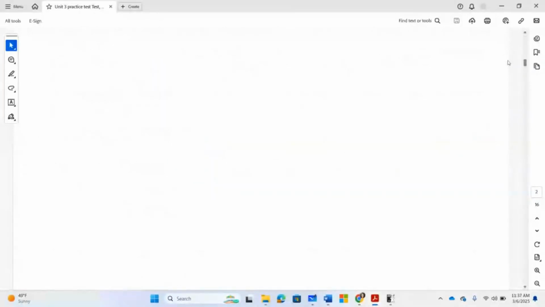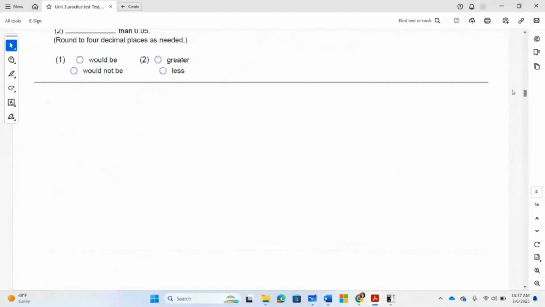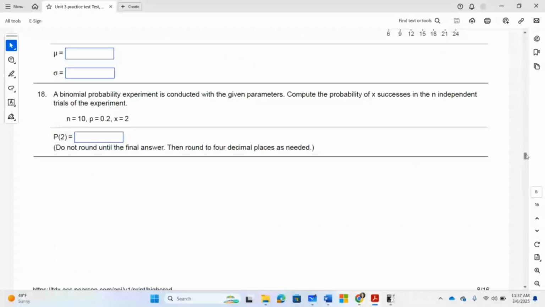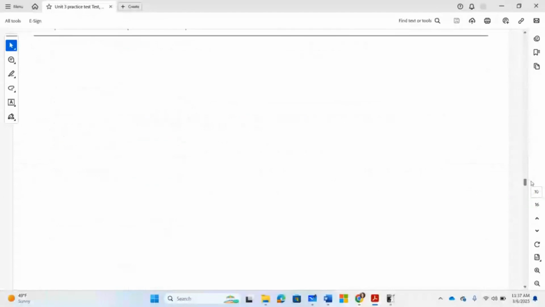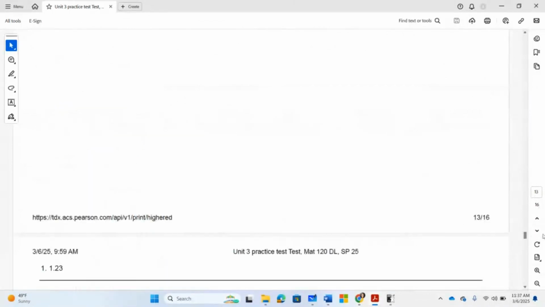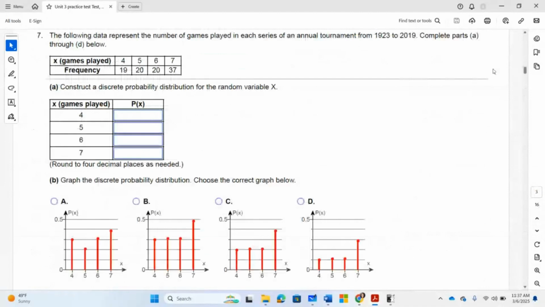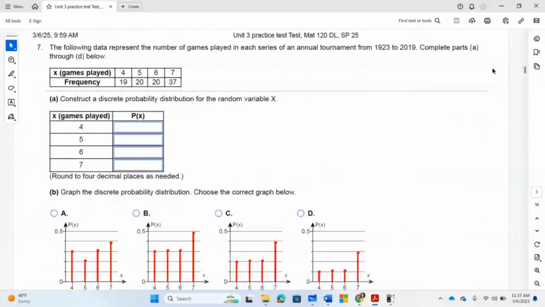Okay, so this is a question on discrete probability distribution. I'm going to get another one. I'll come back to this one later on. Whenever a question is in discrete probability distribution, that's another one that is discrete again. Okay, so I'm going to pick one because they actually look alike.